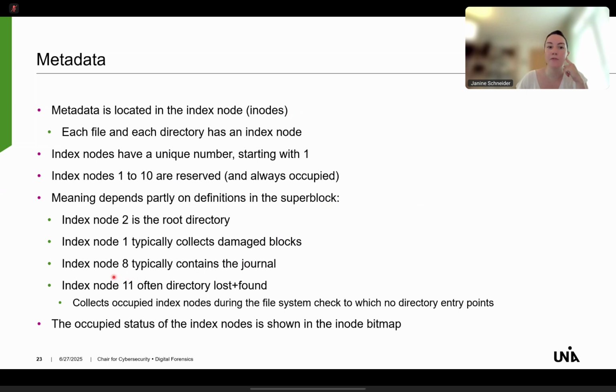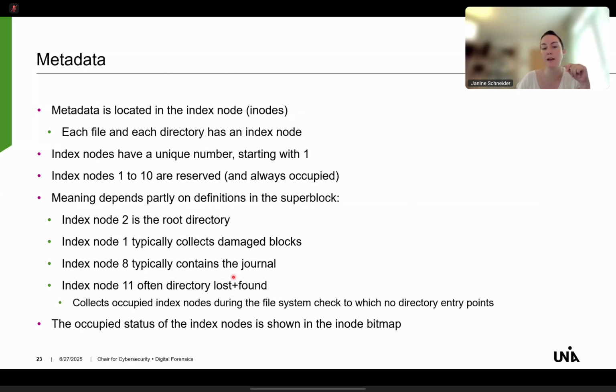And then we have 11, which belongs to the lost and found directory, which collects occupied inodes during the file system check to which no directory entry points. So we have inodes with metadata, but we don't have any file names that belong to these inodes.